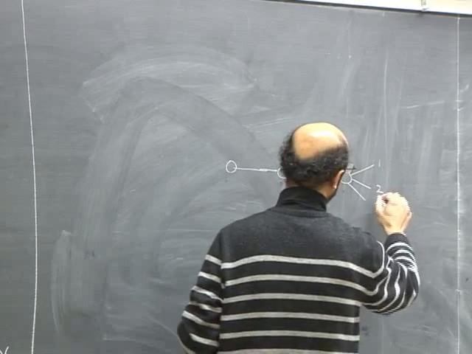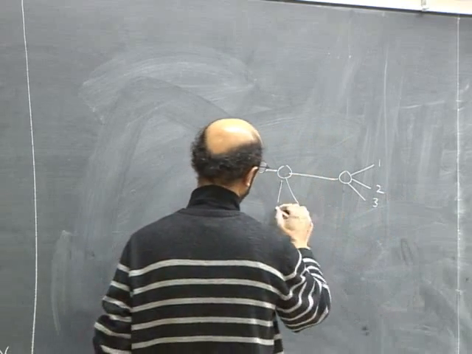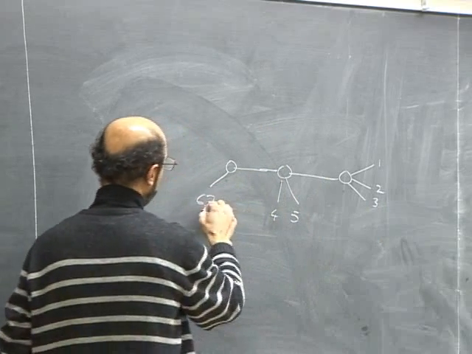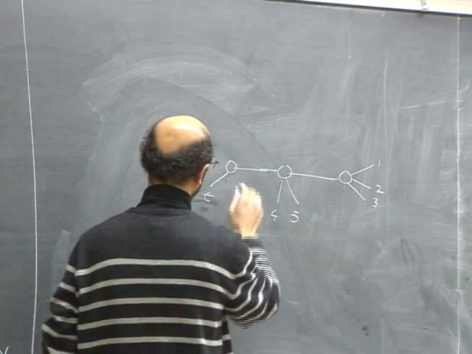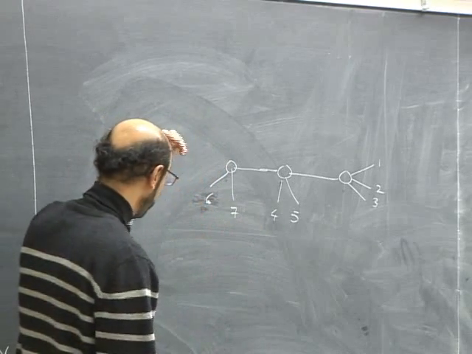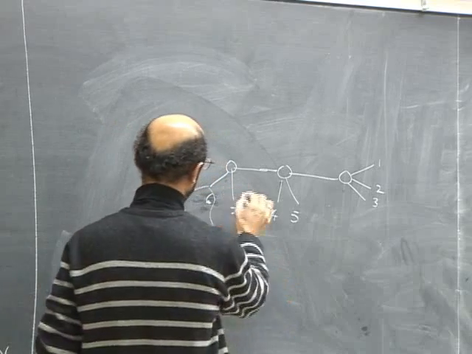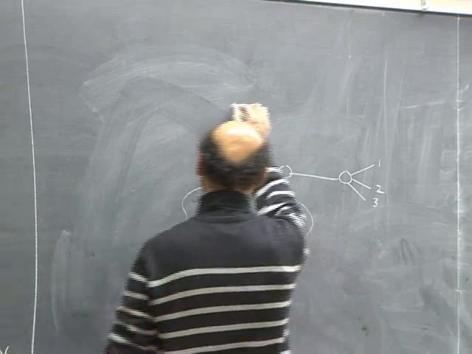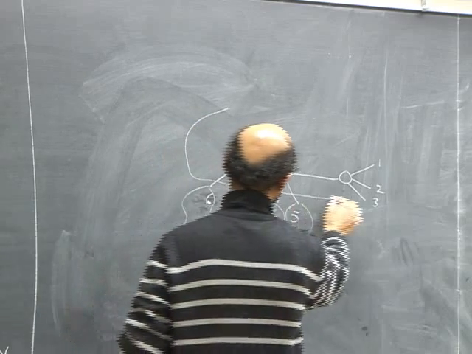I'm going to show 1, 2, 3, okay, actually these are 6, and that's 7. These are not subnets, these are networks. These are all networks like this, and this whole thing over here is the core.